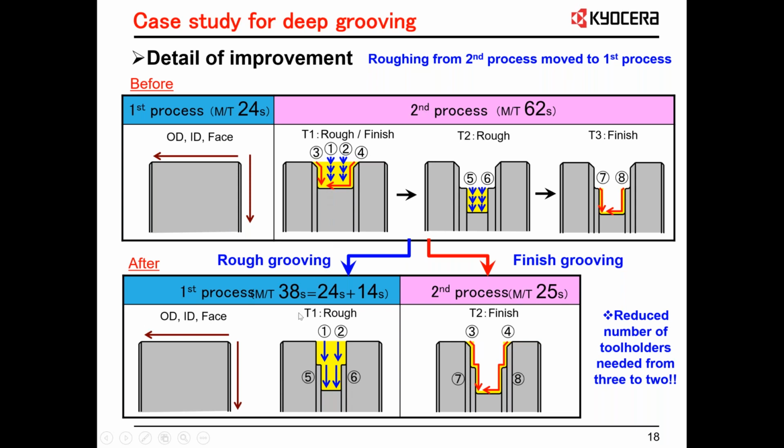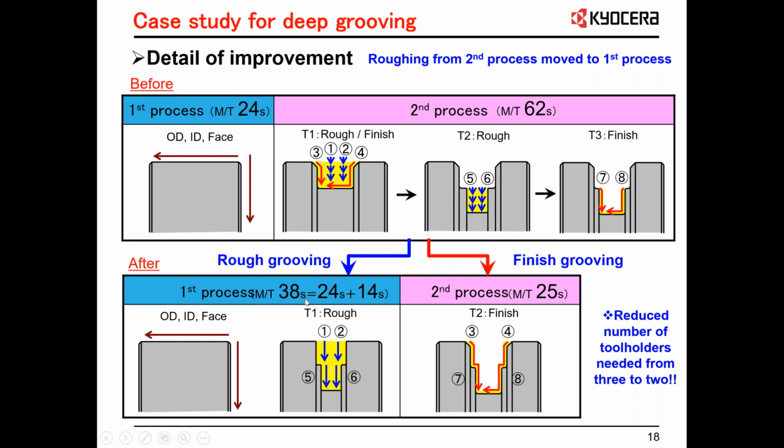So what we're going to do is we're going to rough everything at one time. So we're going to rough the shallow and the deep at one time. We're going to add it onto the first process after the OD and ID facing. And so we're basically adding an extra 14 seconds to the process by this roughing pass. Okay. So now we're going from 24 seconds to 38 seconds on the first process.